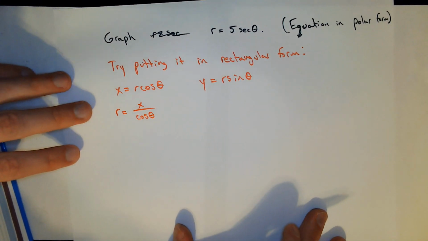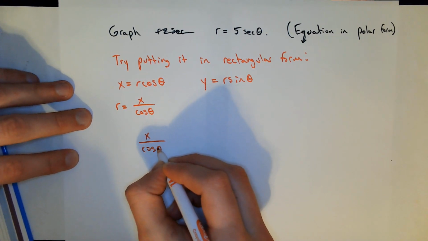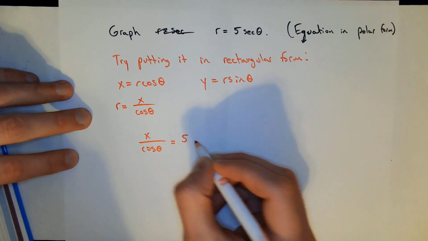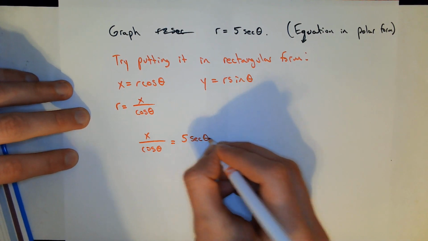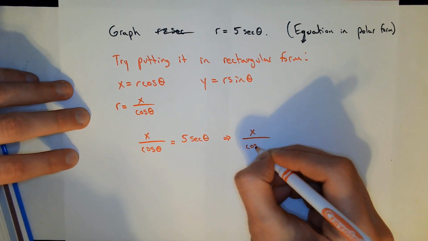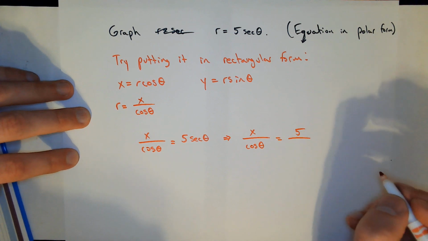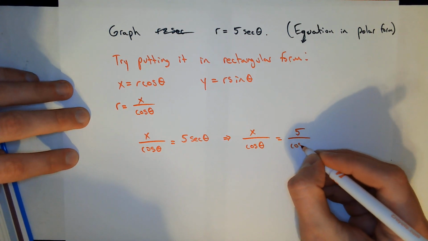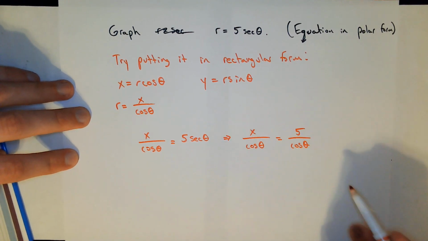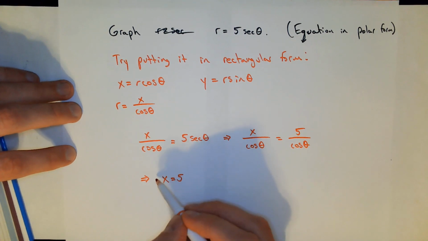Let's just see what happens. x over cosine theta is equal to 5 secant theta. But what is secant theta? It's 1 over cosine theta. Multiply by cosine theta on both sides, these things go away, and we just end up with x equals 5. I mean, how nice is that?